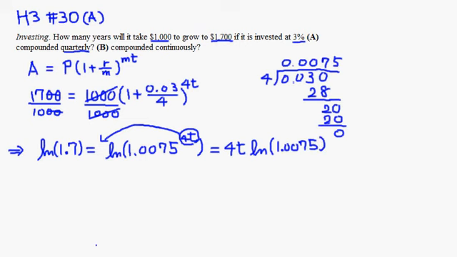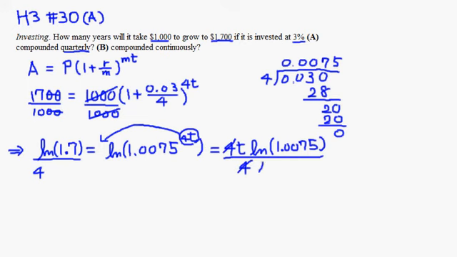Now all you really have to do is isolate t by dividing by 4 and dividing by natural log of 1.0075. So we divide both sides by 4, so this way we can cancel out the 4's here.